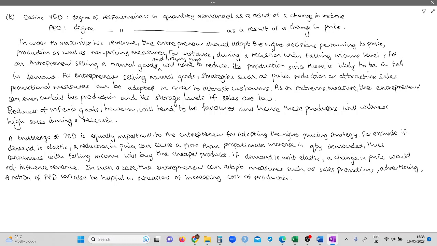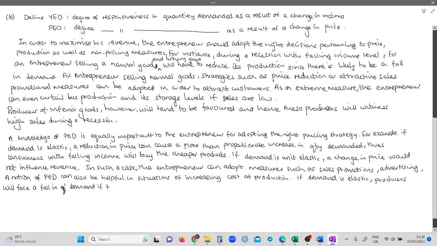If demand is elastic, usually when the cost of production is increasing, producers are tempted to raise the price of the good. If the demand is elastic, the entrepreneurs will face a fall in quantity demanded if they raise the price of the good.